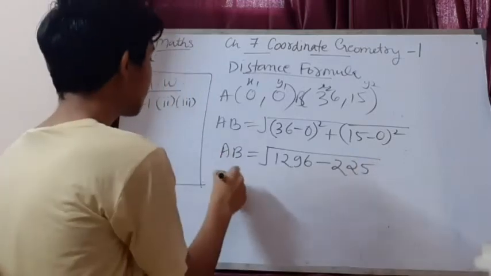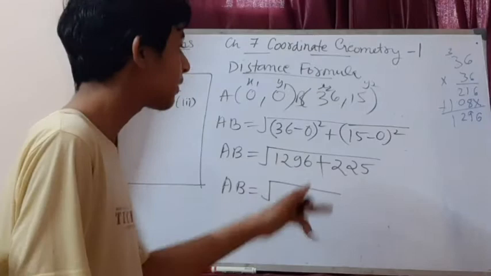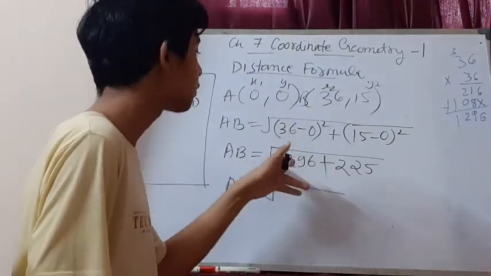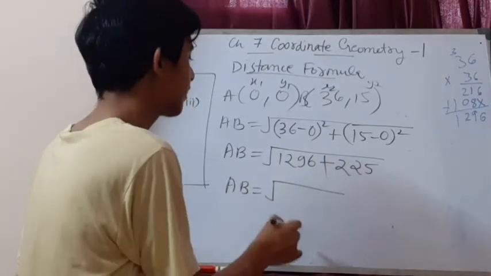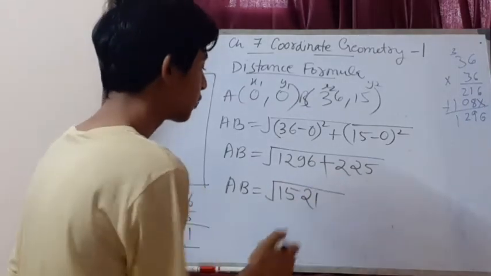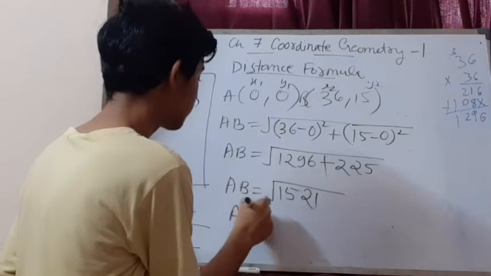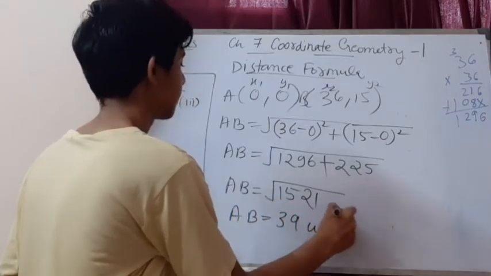Okay, so actually we have to add this. By mistake I said something else. So 1296 plus 225 gives you 1521, and the square root of it is 39. So your distance is 39 units.